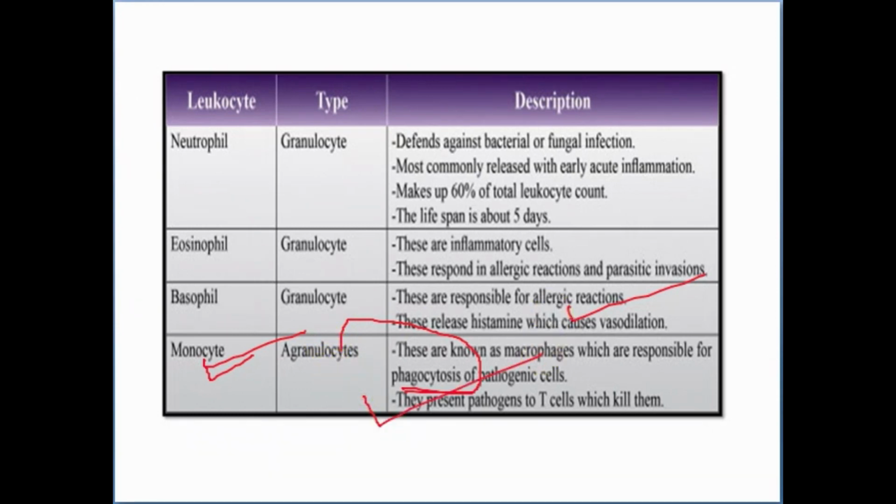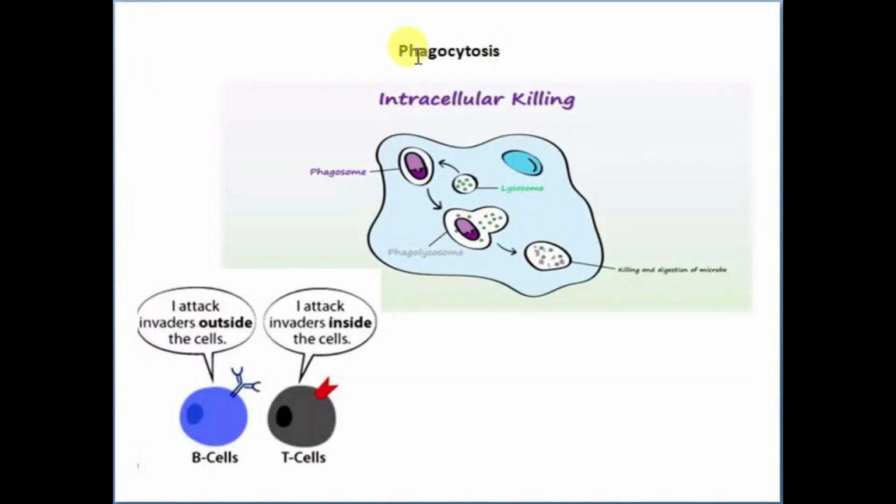If we visit our next slide, here they have shown phagocytosis. Phagocytosis means intracellular killing. Here you can see the phagosome and the lysosome that is present in the blood. We have already studied in our previous classes that lysosomes help in killing unwanted microorganisms.